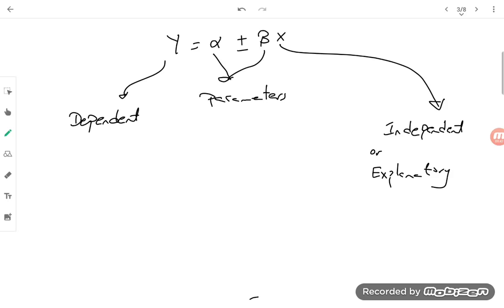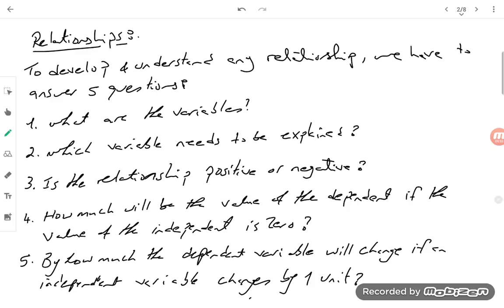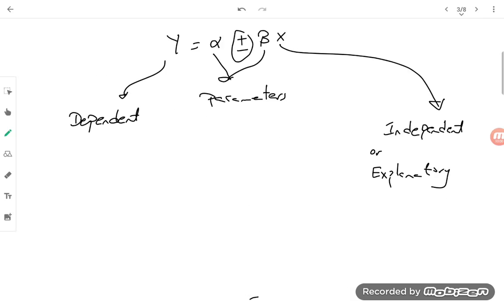This can be determined by the sign. With respect to question number 4, by how much will be the value of the dependent if the independent is 0? If x is 0, then y will be equal to alpha. And finally, by how much the dependent variable will change if x changes by 1 unit or a very tiny change, which is the value of beta or the slope.